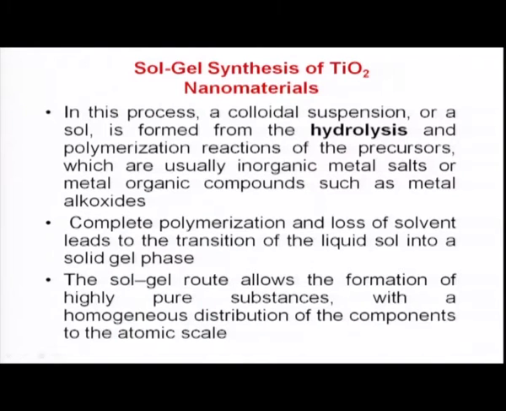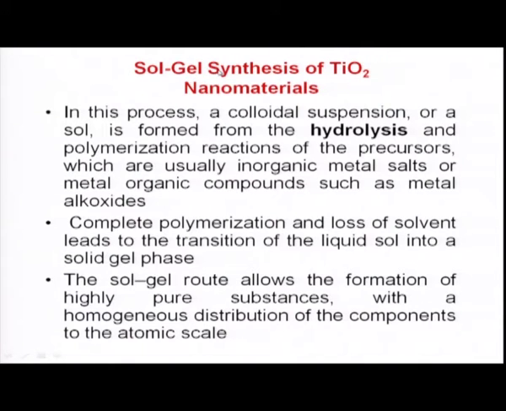And for titanium dioxide with the appropriate precursor, whether titanium organically bound or inorganically bound like a chloride or sulfate, what we have to do is get a colloidal suspension, the sol, which is formed from the hydrolysis of the precursor material, and then a polymerization reaction also takes place, both hydrolysis and polymerization, by the sol gel method.